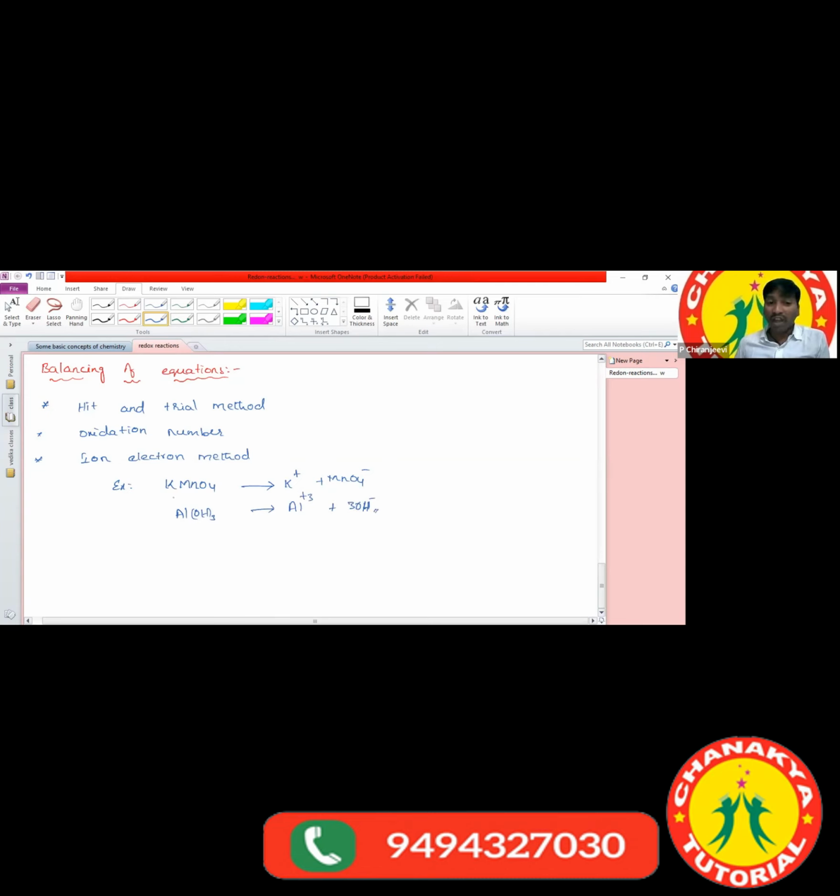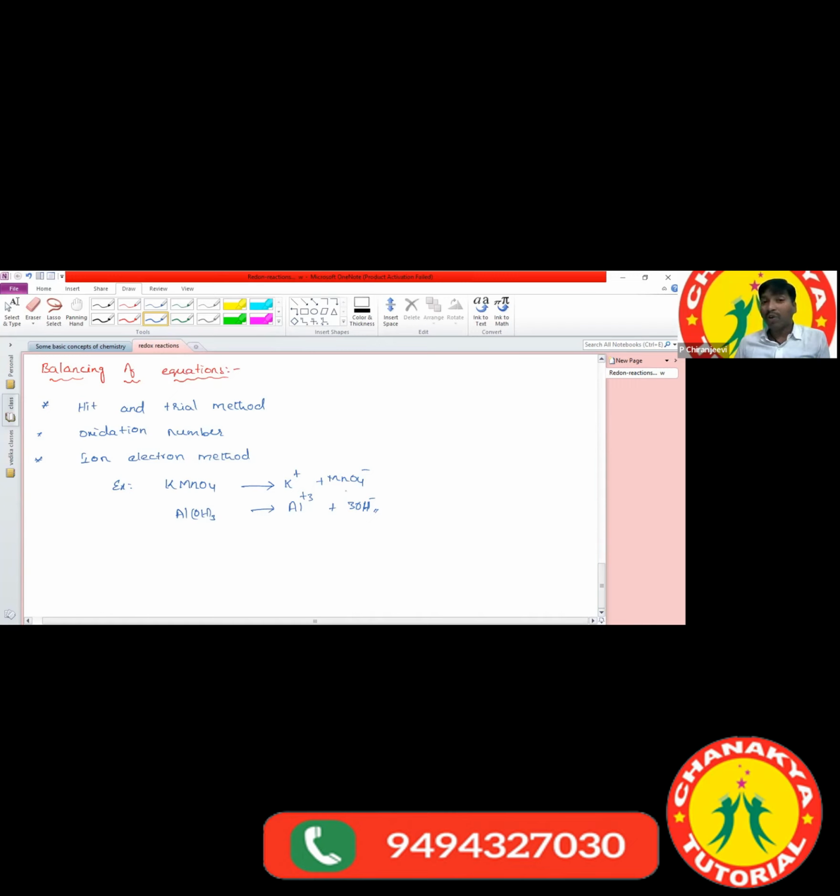If they give any compound or salt, first we have to know how to write the ionic equation. Only if you know the ionic equation is it possible to balance the equation. Otherwise, it is not possible. That's why we call it the ion electron method. In the ion electron method, first they give a compound and we convert it to the ionic equation. That is the second step.